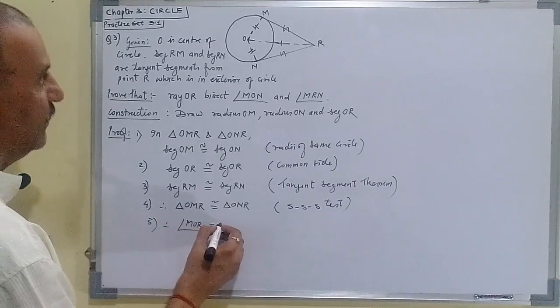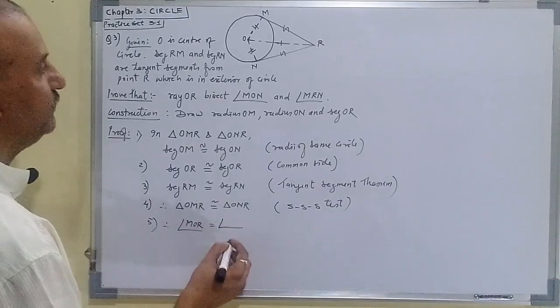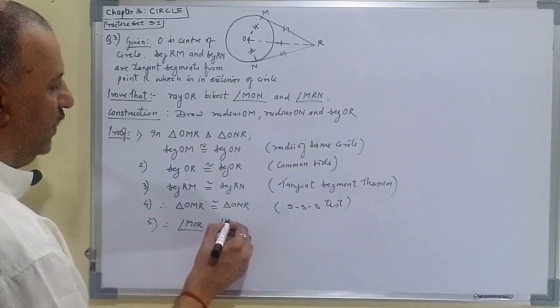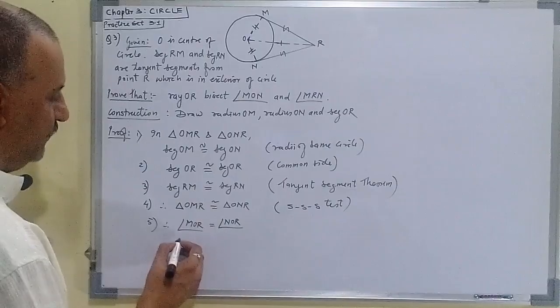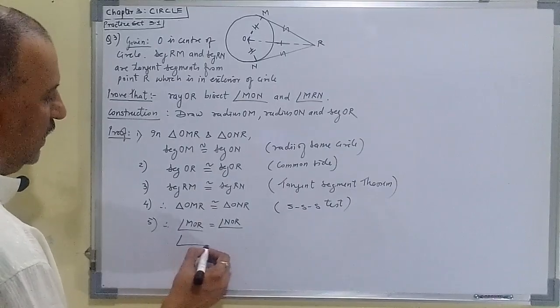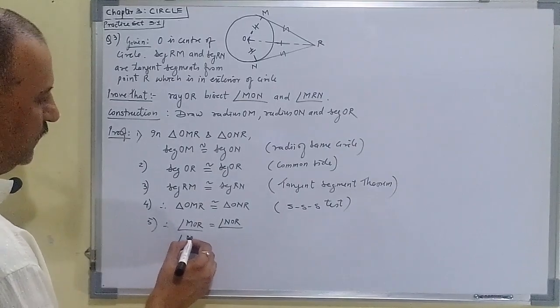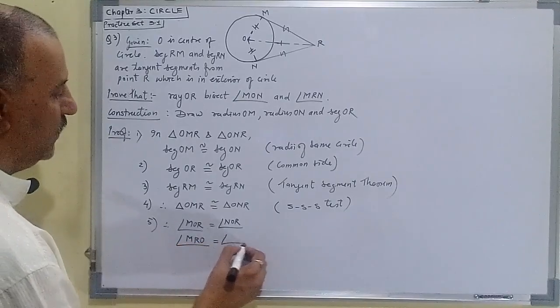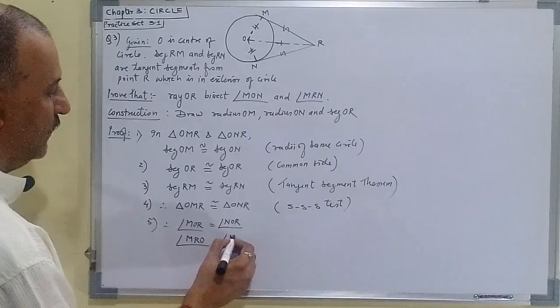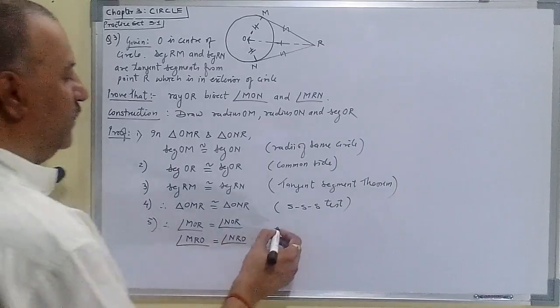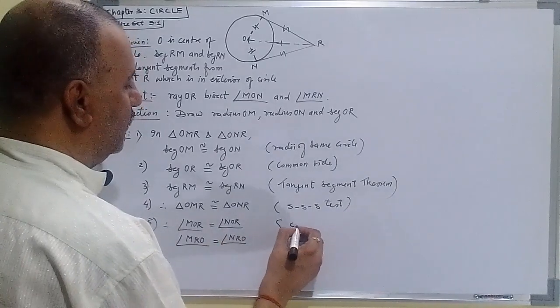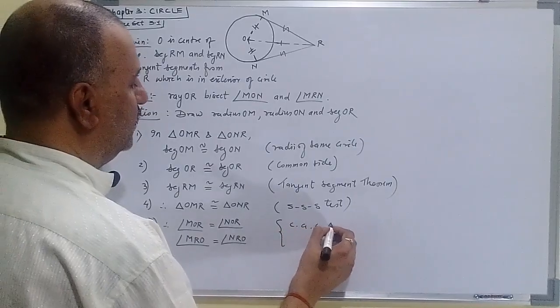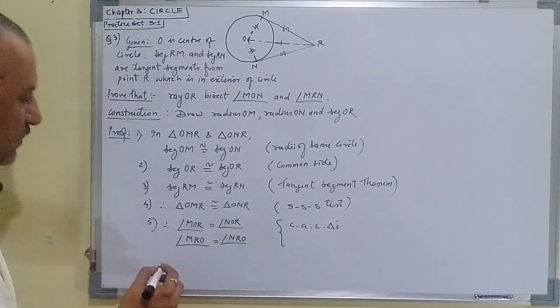Statement number 5, therefore angle MOR equal to angle NOR, angle MRO equal to angle NRO. What is the reason? Corresponding angles of congruent triangles.